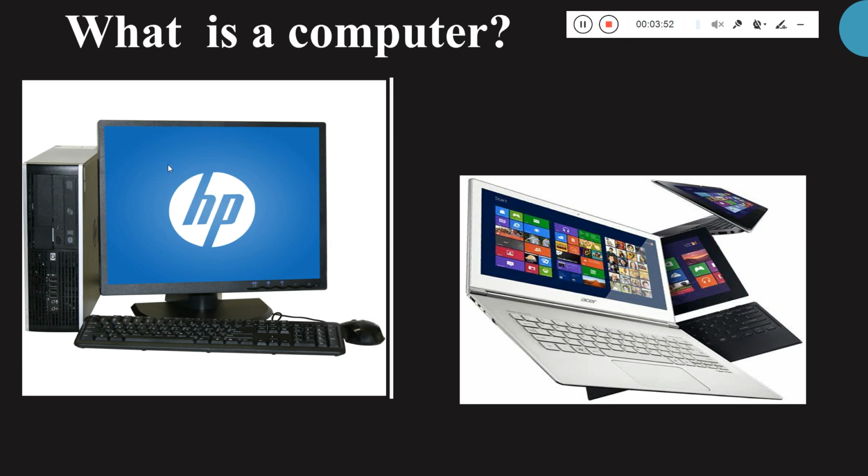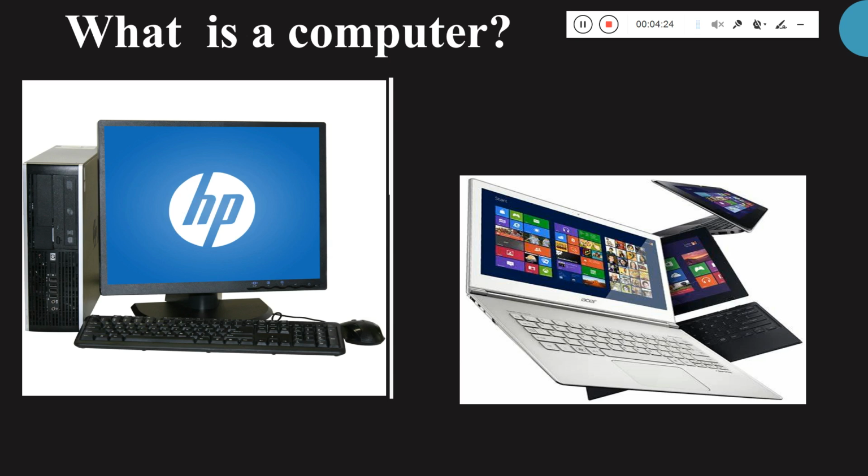I'm pointing at one of the computers here, you can see my cursor, and on the right side there are other computers, because you're able to see different laptops. There are laptops here, we've got a desktop here. They are all known as computers. Actually, this is a desktop, this is a laptop. They are all computers.